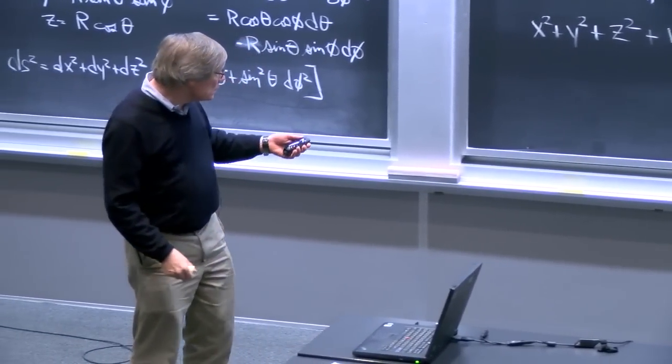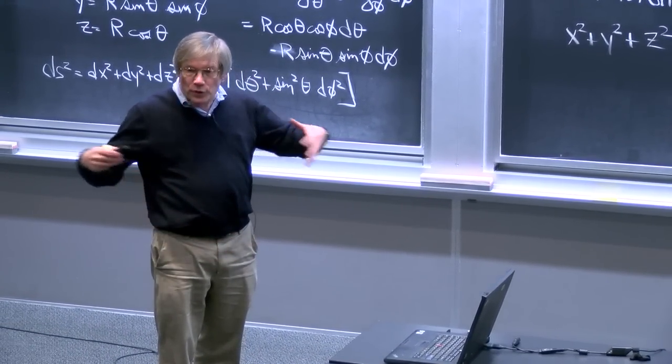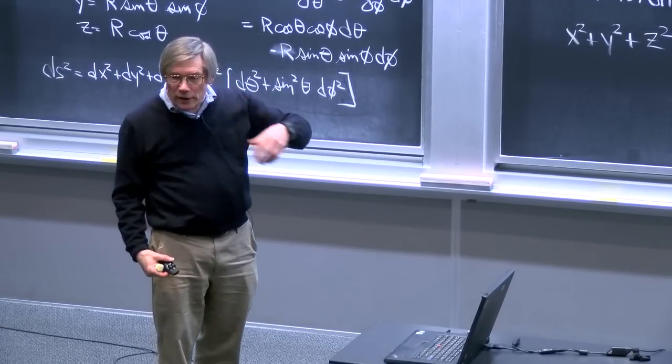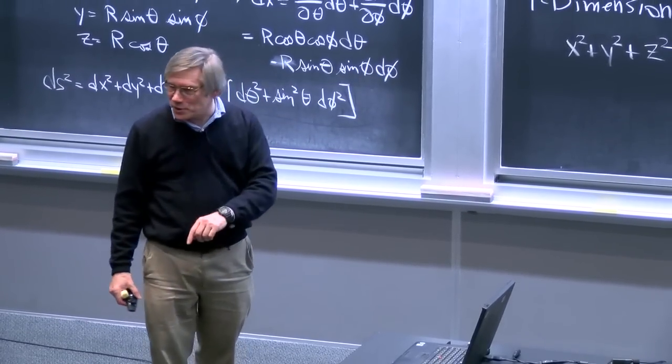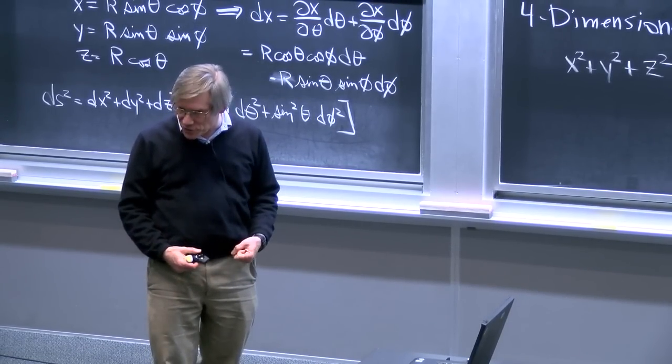So that equation describes a 3-dimensional sphere in a 4-dimensional Euclidean space. And our goal is to do the same thing to that equation that we just did to the 2-dimensional sphere embedded in a 3-dimensional space.